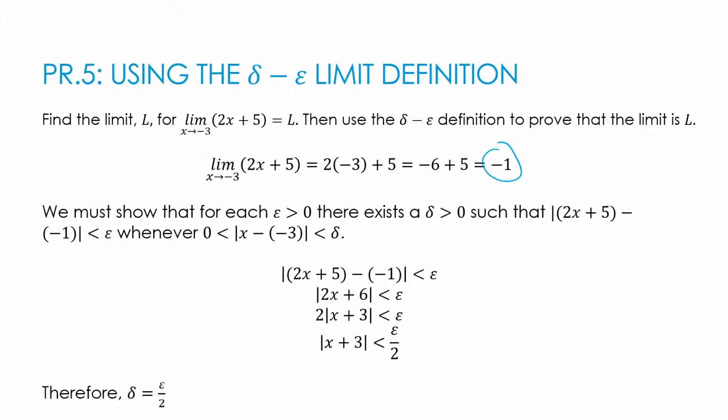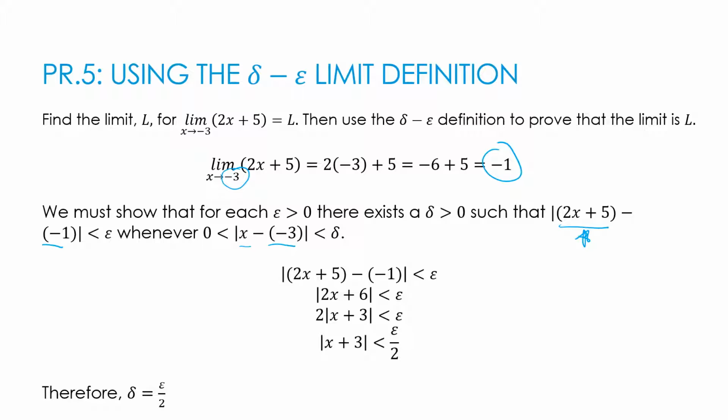I'm trying to show that for each epsilon greater than 0, there exists a delta greater than 0 such that that function minus that limit is less than epsilon whenever x minus the limit I'm approaching, c, which is minus negative 3, is less than delta. So I'm starting here, and I'm trying to manipulate that to become x plus 3.